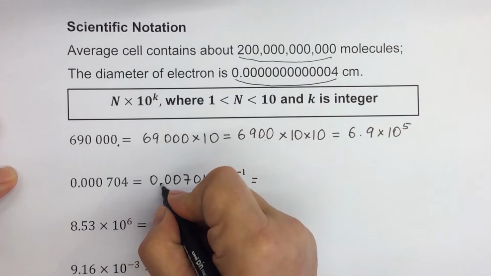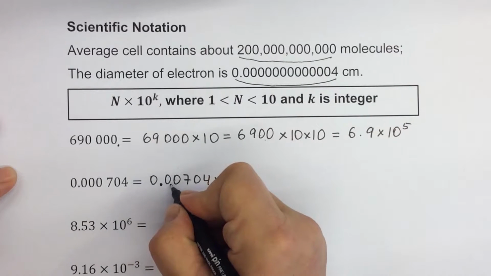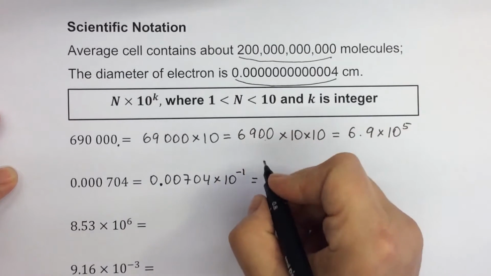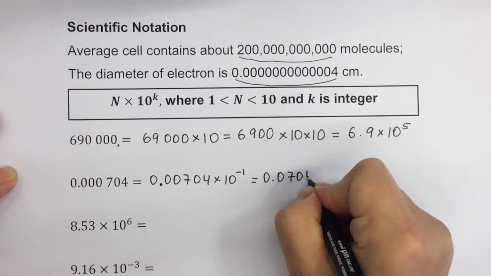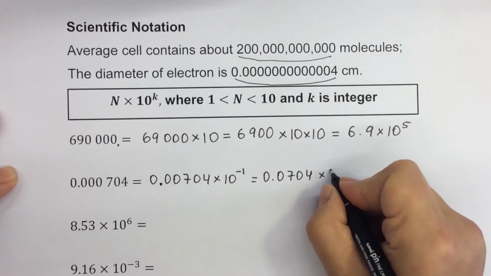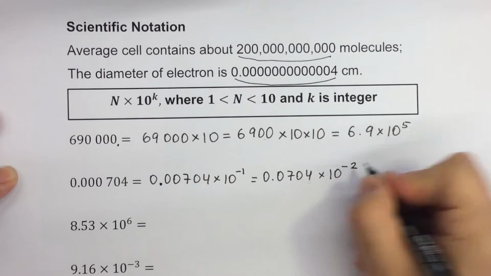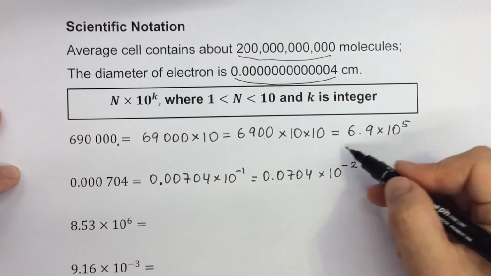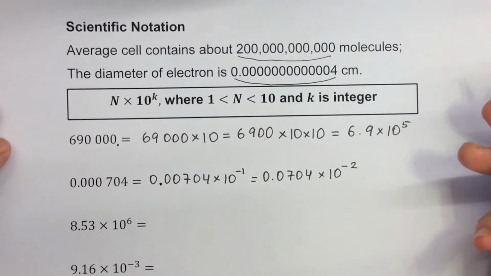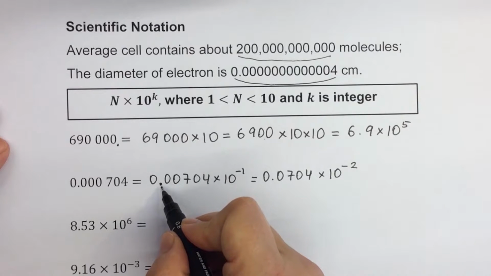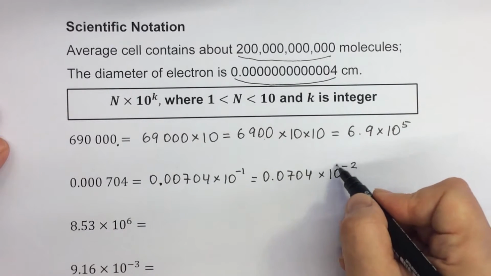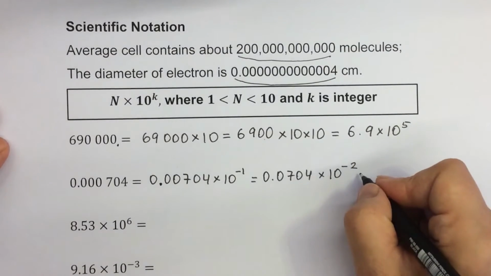Continuing, I want to move my decimal point one more place to the right. So that would be 0.0704 times 10 to the power minus 2. Now I'm dividing by 10 squared or 100. So basically every place I move my decimal point to the right corresponds to 1 negative power of 10.